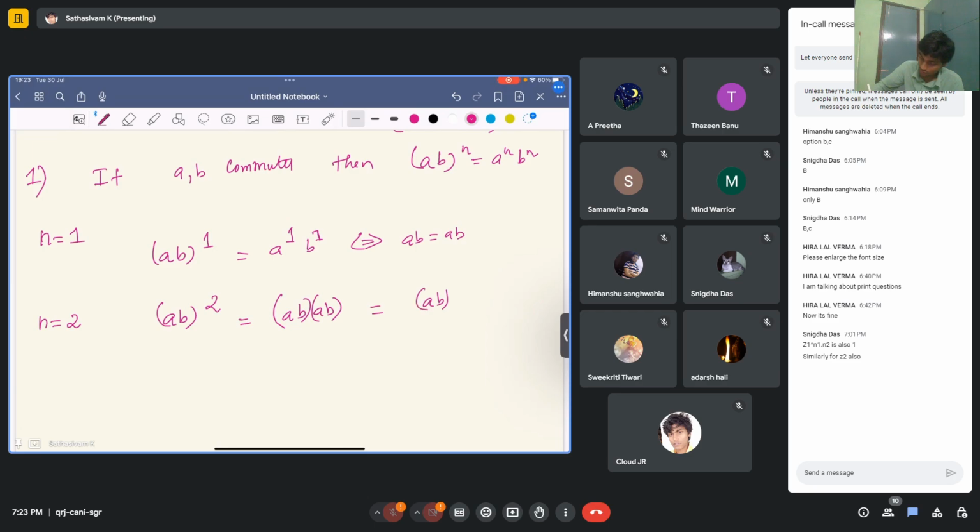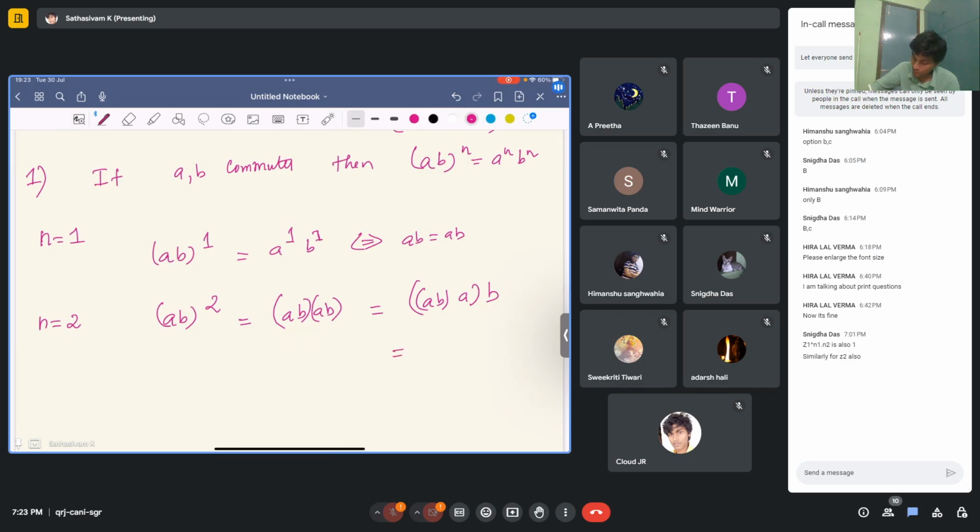See this as a single element x, so you have x ab, and you are changing it into xa, then b. So this is what I am doing, and here you have b.